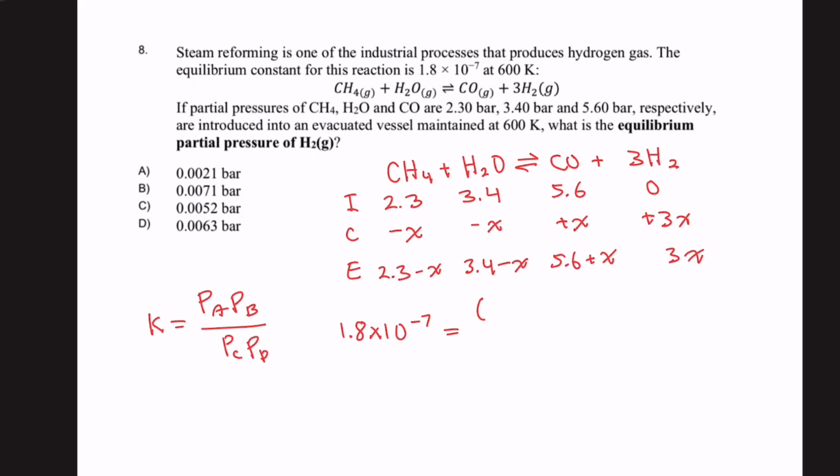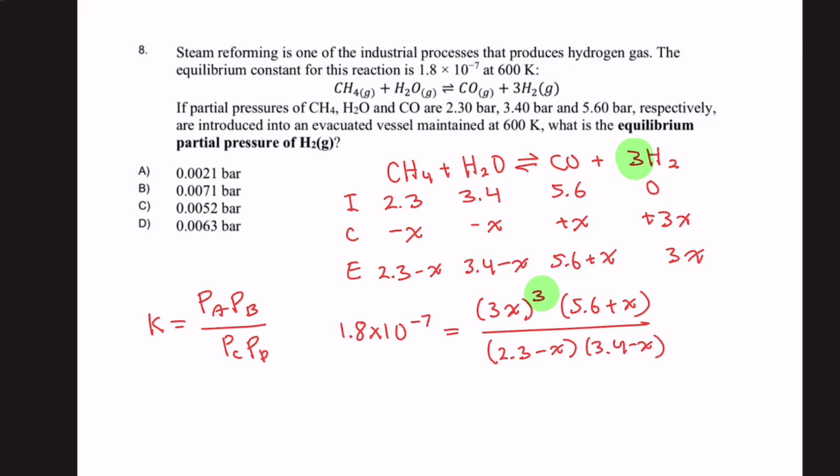And we're going to do 3x to the power of 3. Don't forget that we need to cube this value because we have a coefficient of 3 in front. And we're going to multiply by 5.6 plus x divided by 2.3 minus x times 3.4 minus x.